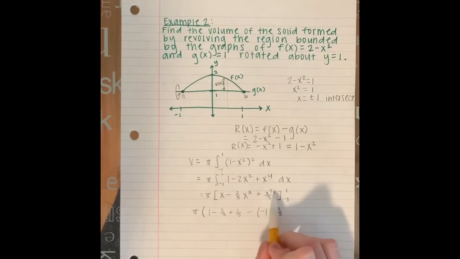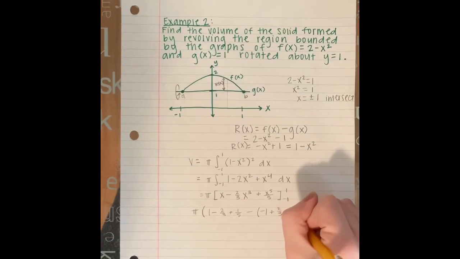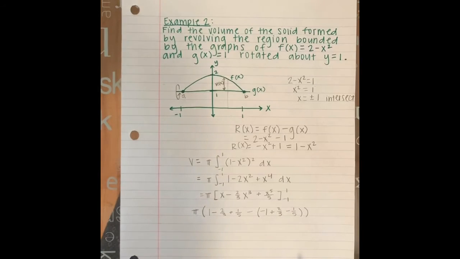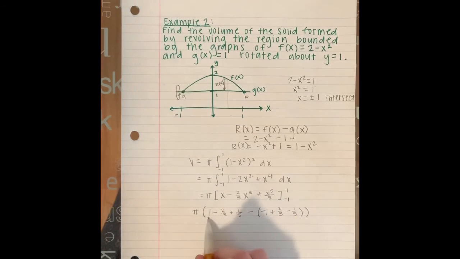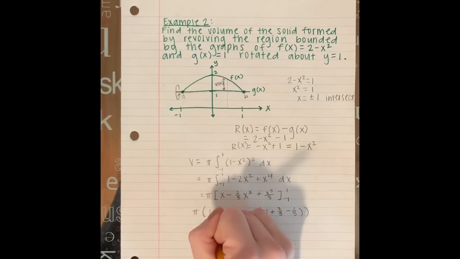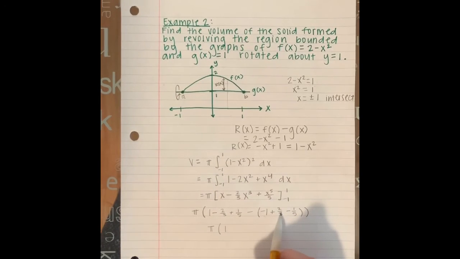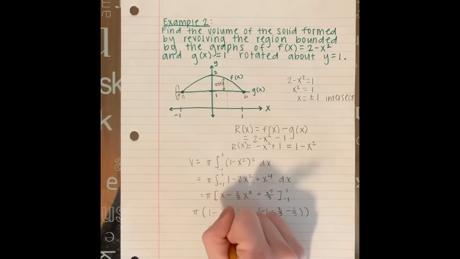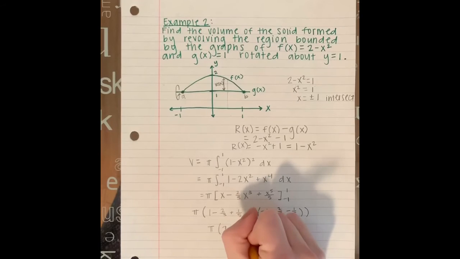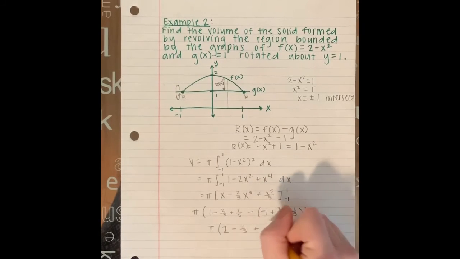And then right here it'll also be a negative 1, so minus 1/5. So we'll have 1 plus 1, negative 2/3 minus 2/3, and 1/5 plus 1/5. So we'll have 2 minus 4/3 plus 2/5.